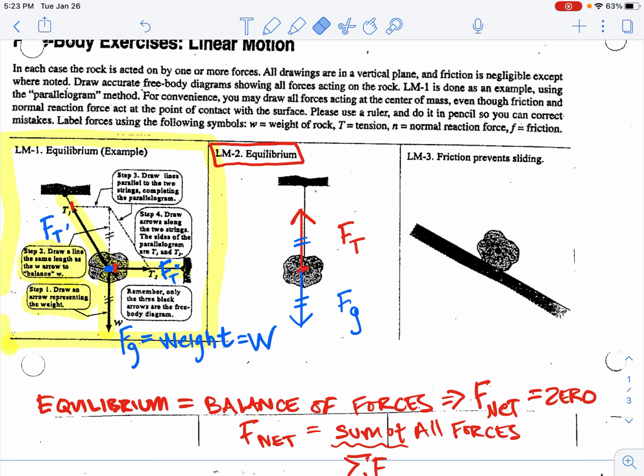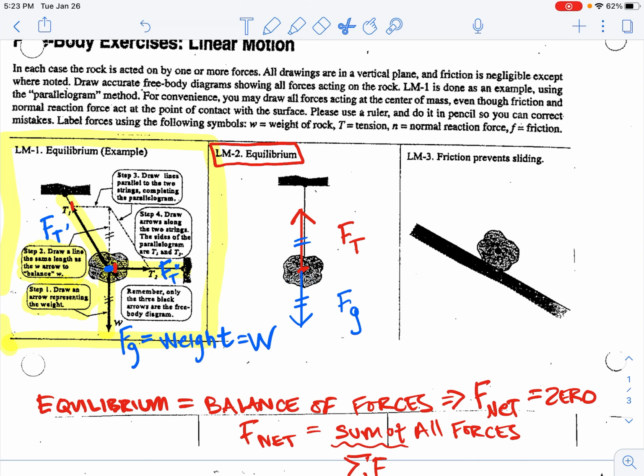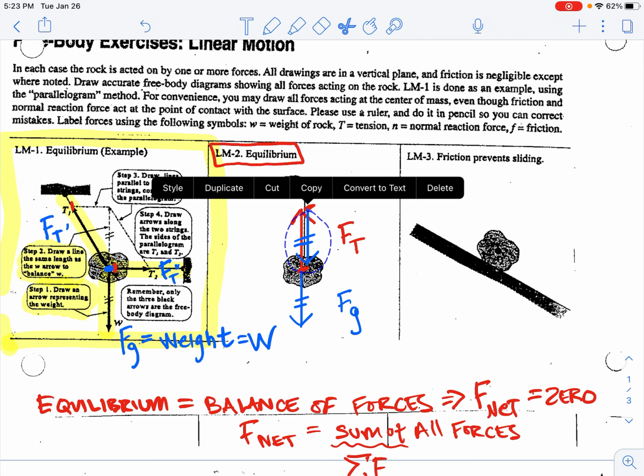So if I picked up, now let's see if I can do this. Not very good at this, but if I highlight this part of it, and I copy that, and I bring the tail of this one up to the tip of this one. So I'm going to move this down, and I add them side by side.